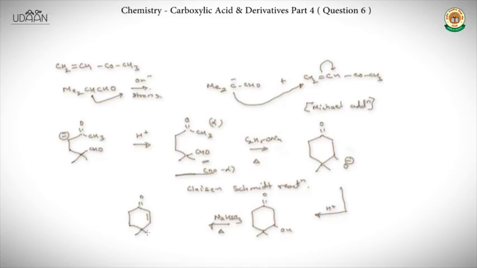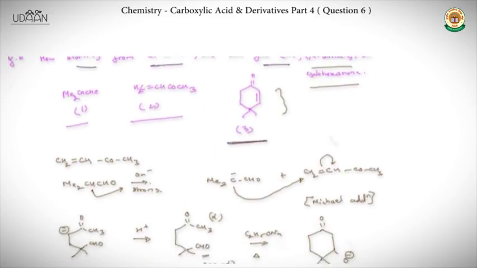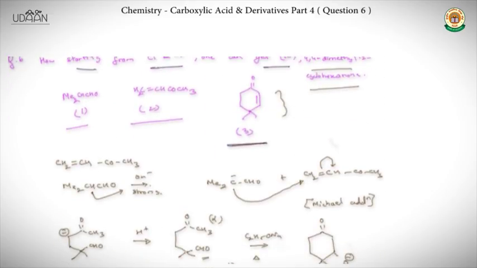to form the required compound. So in this type of question, you should first see that initially the problem may look tough, but when you apply some basic reactions, you may get it.